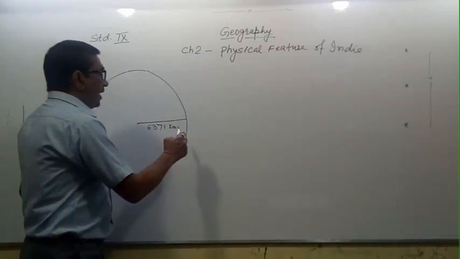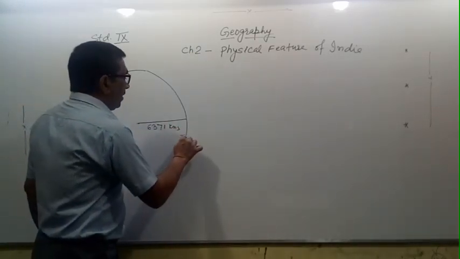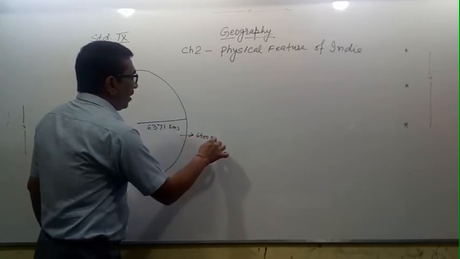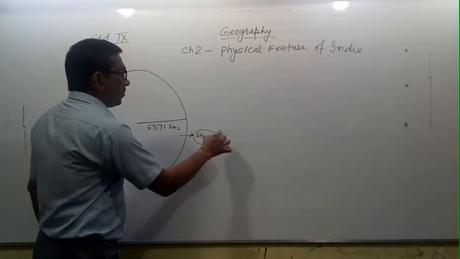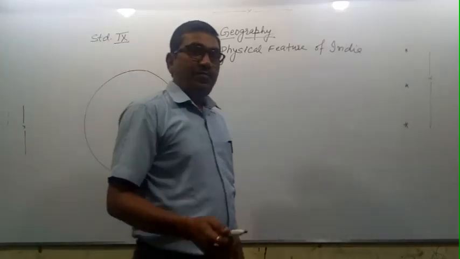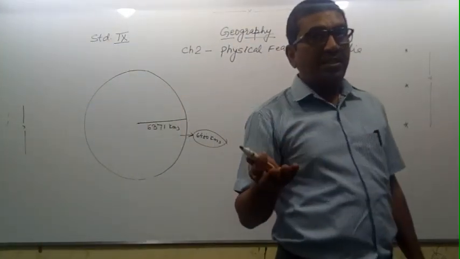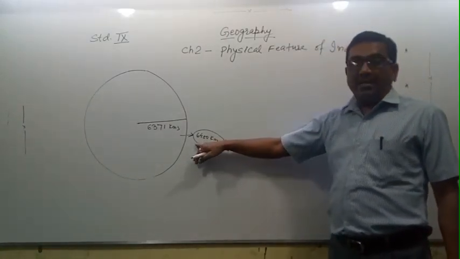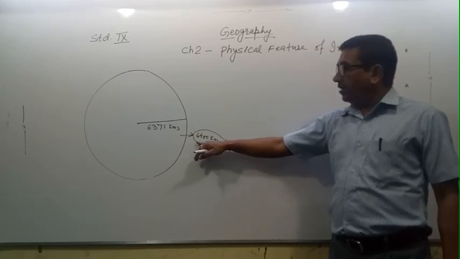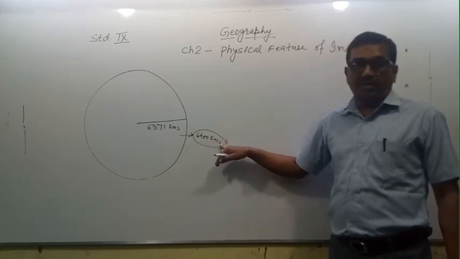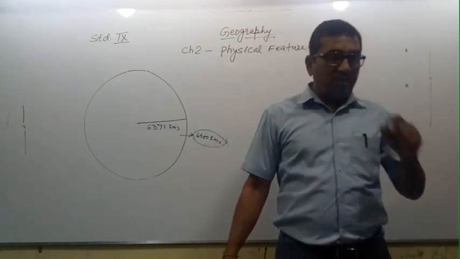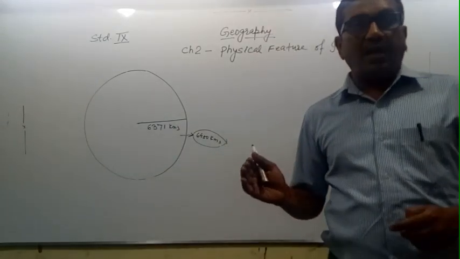But we take it roughly as 6,400 kilometers for calculations in physics. In gravitation, many numericals you have to solve, so we take the radius of the Earth as roughly 6,400 kilometers. Now come to what comes under the interior of the Earth.